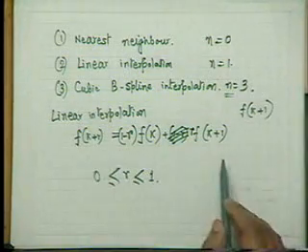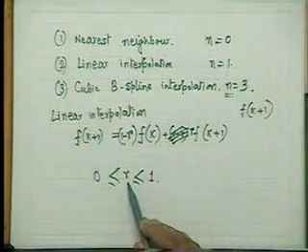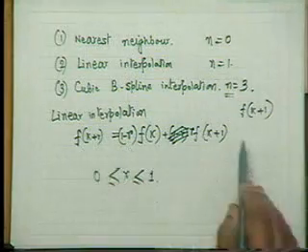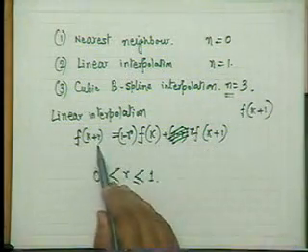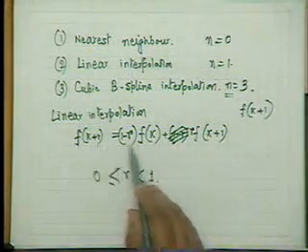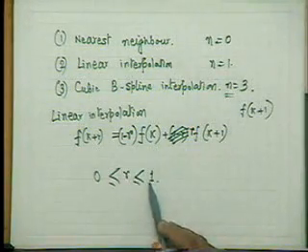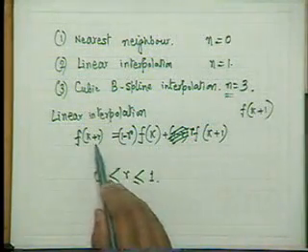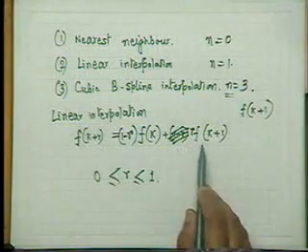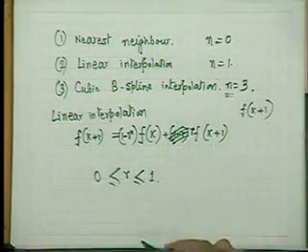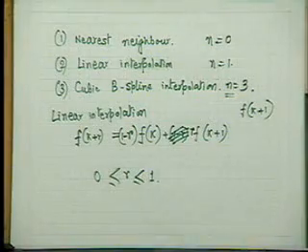Is this correct now? Substitute r equal to 0: you get f_k on this side and f_k on the other side also. If you substitute r equal to 1, you get f_{k+1} on this side and f_{k+1} on the other side also. So this is the linear spline interpolation relationship.